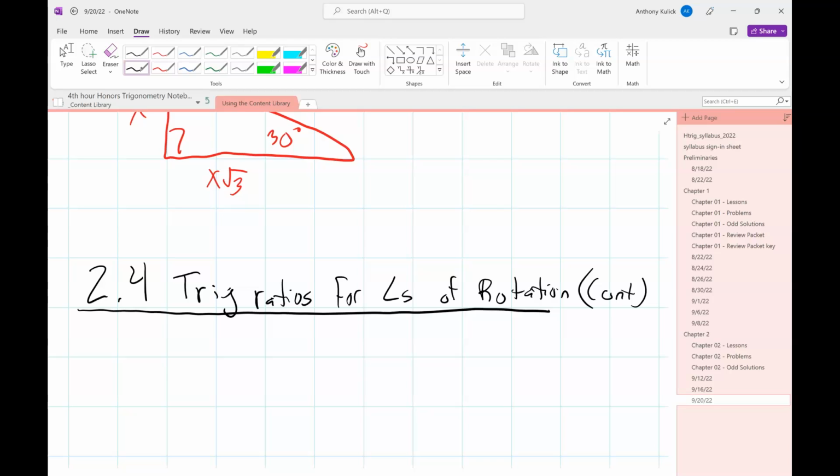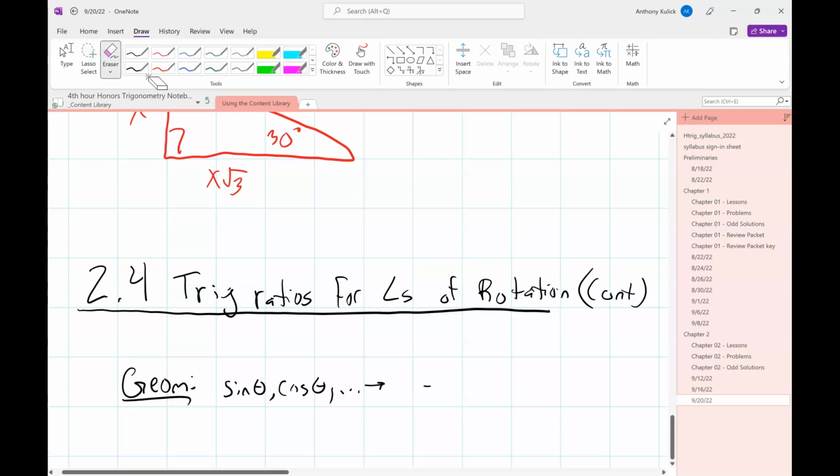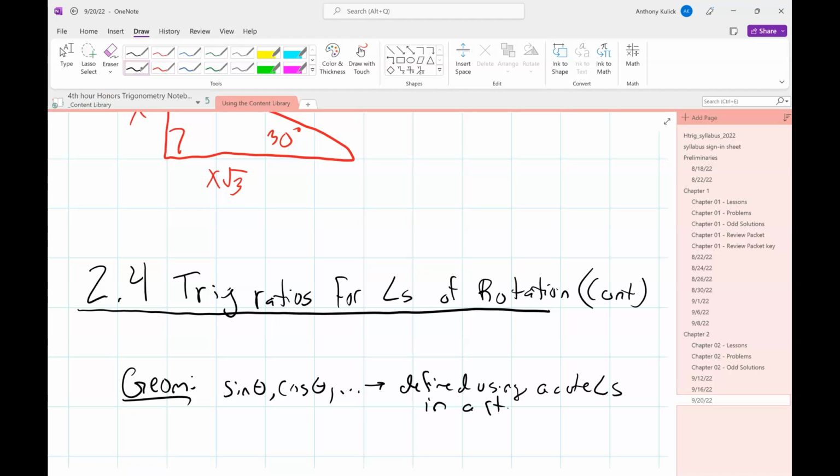So, last time, we did some very important stuff. We noticed that in geometry, sine, cosine, etc., theta was an acute angle. These were defined using acute angles in our right triangle, right?